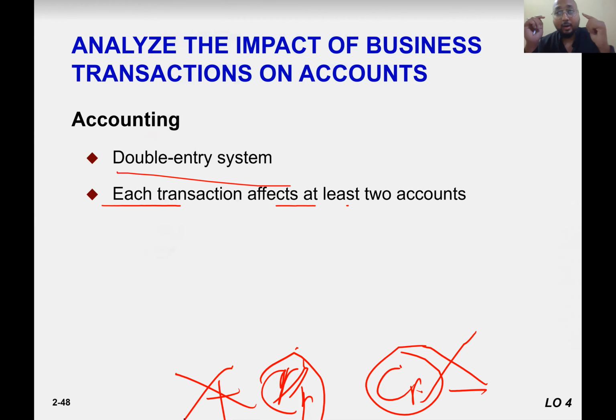No, it's not. The double entry system means each transaction hits at least two accounts. If a transaction hits only one account, it is not a double entry system transaction and should not be recorded that way. Each transaction is at least hitting two different accounts, right?